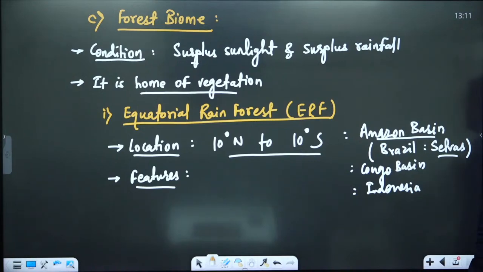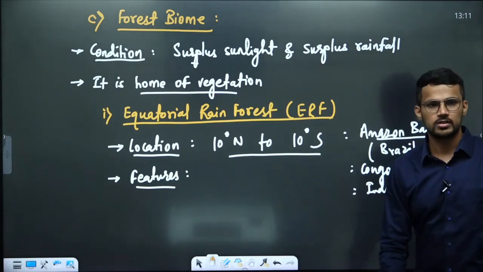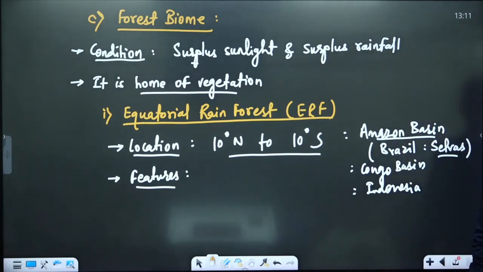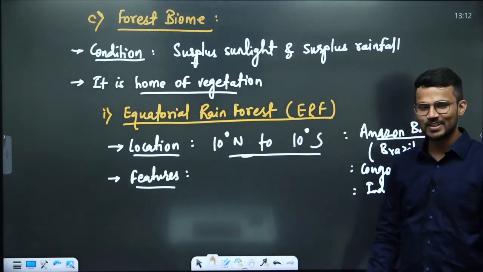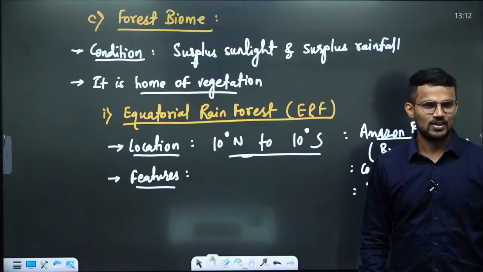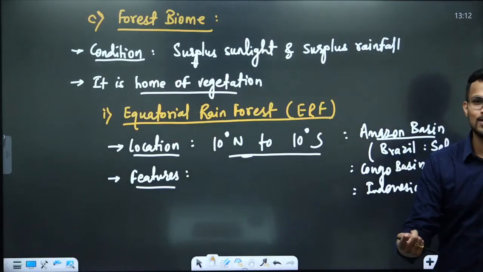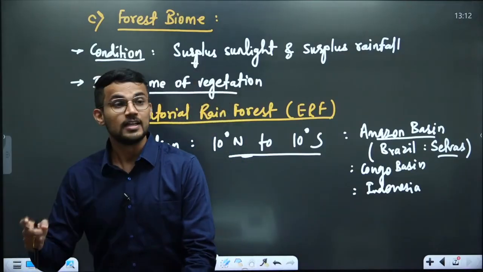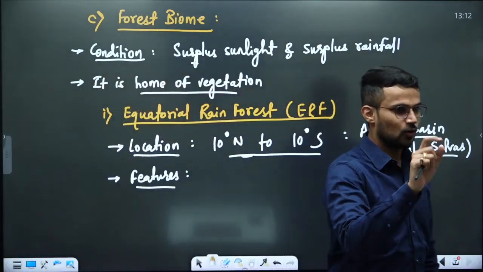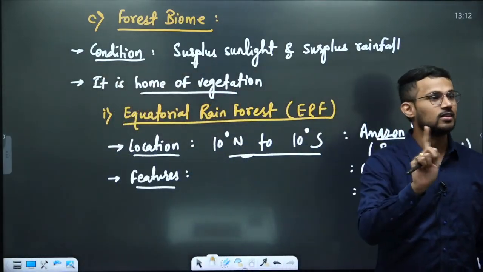Do we in India have equatorial rainforest? Do we in India have equatorial rainforest? Does the Western Ghats come in this range? Again I repeat, do we have presence of equatorial rainforest in India? Yes, we have. Only Nicobar, not Andaman.